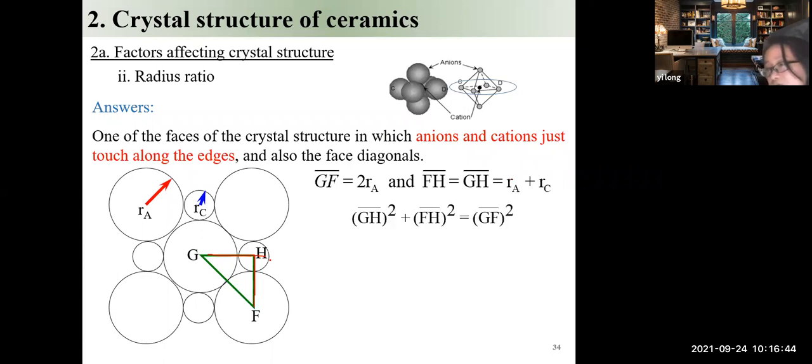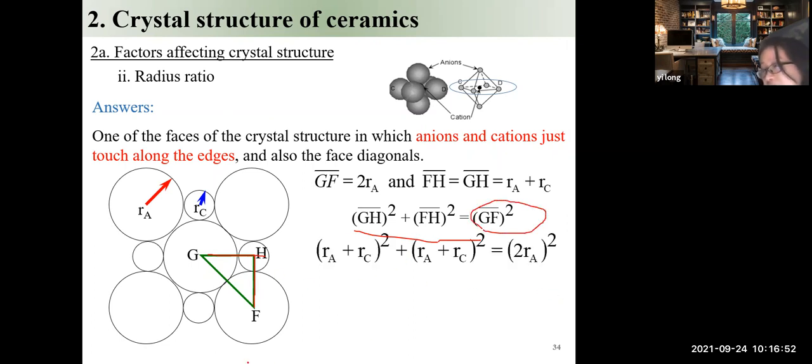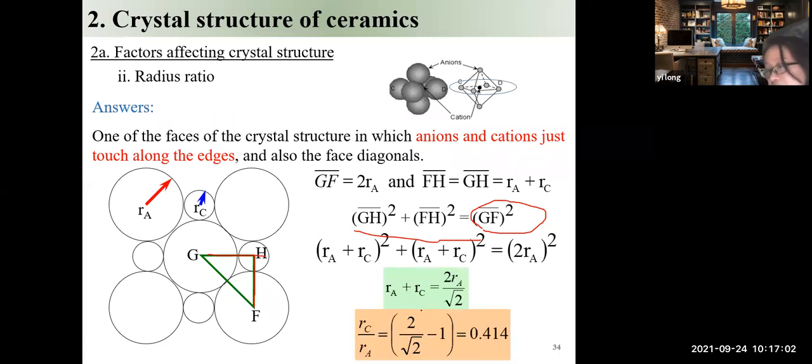So then just these two sides equal the other side. I think it's too simple for you, so put everything in. RA plus RC squared equals 2RA, squared. So we can solve this very easily. So RC over RA is going to be 0.414. Okay, simple, right?